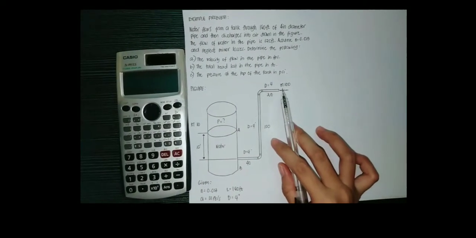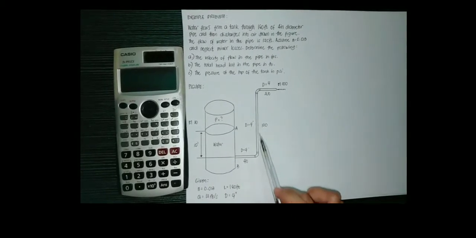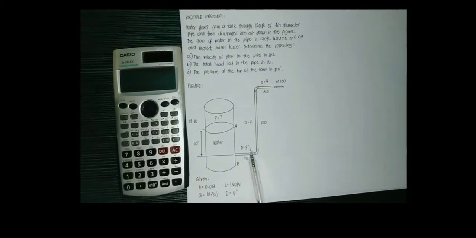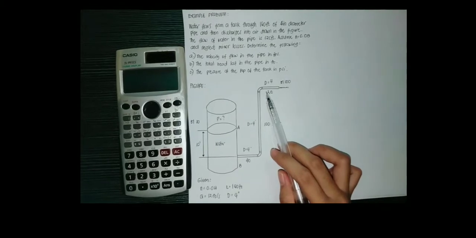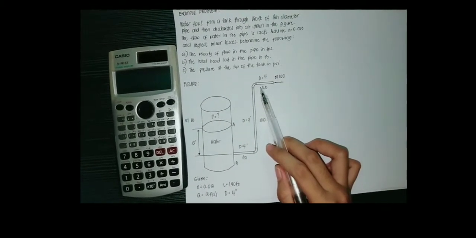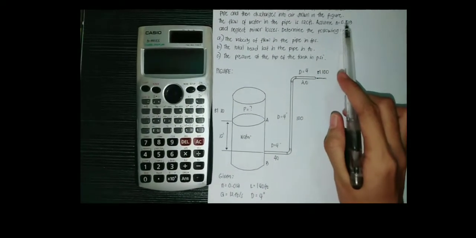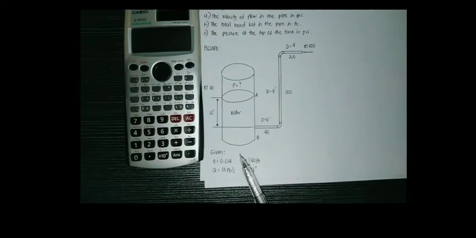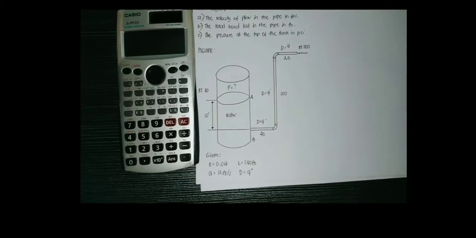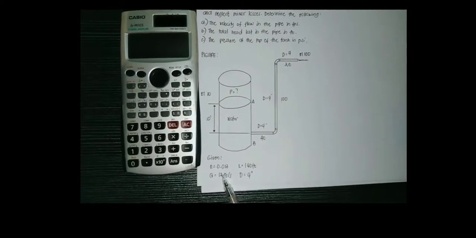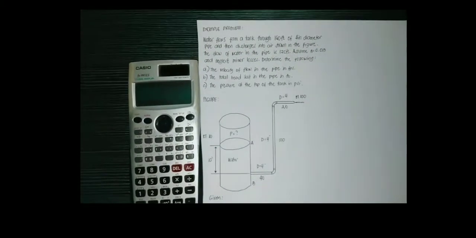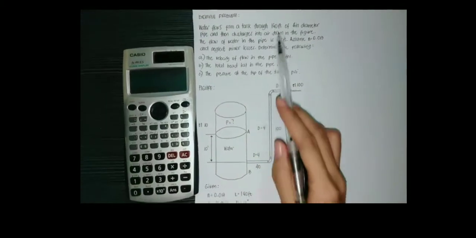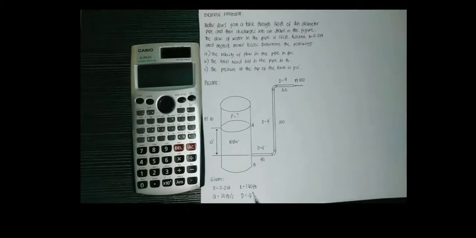Since this problem is about fluid flow in pipes, we have here a pipe which is 4 inches in diameter. These are the givens: n is 0.013, the flow rate Q is 12 feet cubed per second, the length is 160 feet, and lastly the 4 inches diameter.